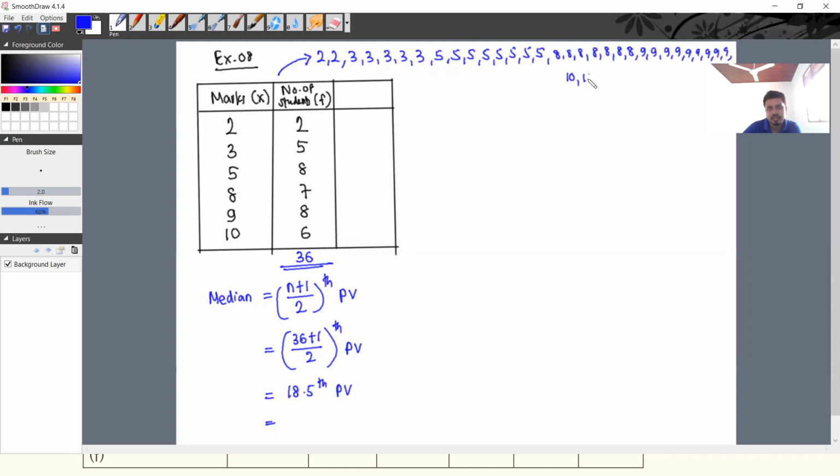I will write it here. 1 2 3 4 5 6. This is what we have converted into, right, exactly the same which we have here as an ungrouped data distribution. මේ data set එකම තමයි මේ තියෙන්නේ. මේ ටිකම තමයි මේ තියෙන්නේ, right? Okay, then we need to find what?